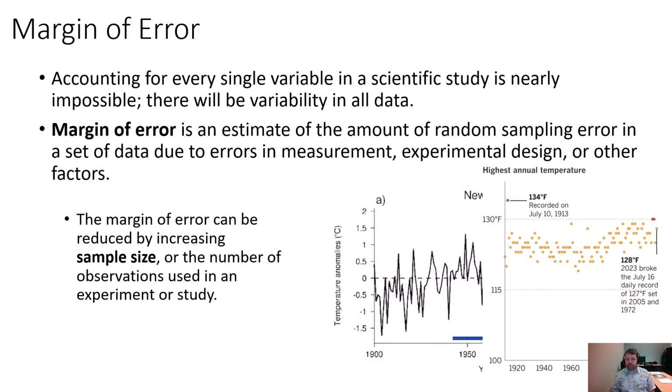Well, if you look at, instead of a single point, all the points together, again, this is getting at sample size, collecting all the points for a long period of time, you can see that it's drifting upwards. You can also look at how many days above 130 there have been, or how many days above 120 there have been.